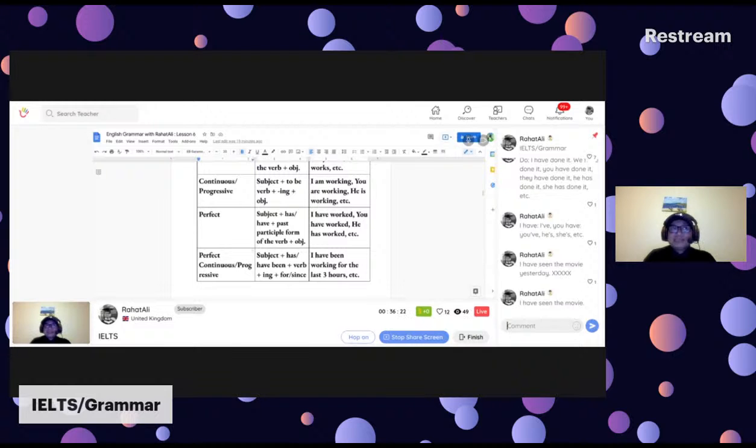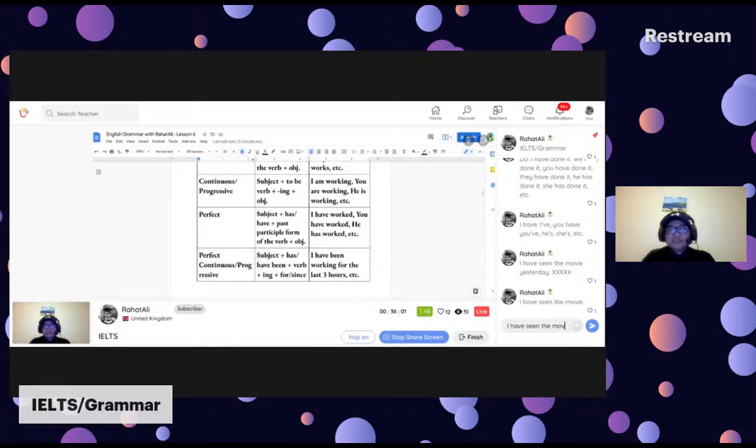But if you want to mention a time, remember, tense is always related to time. Any type of tense, either present or past or future. But if you say, "Oh, I've seen the movie in 2015," then it's incorrect again.